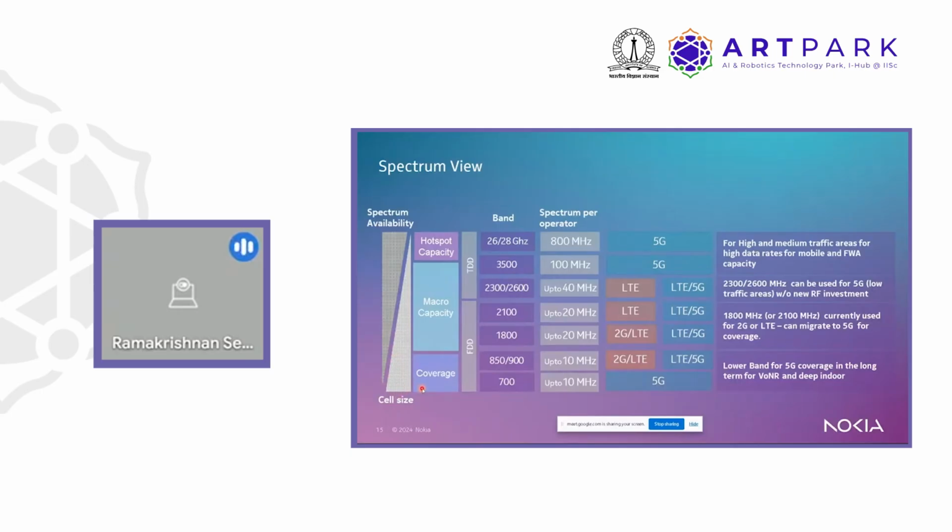But when you go up the frequency spectrum, the cell size would be much smaller, which basically means it will be good enough for hotspots. But from the spectrum availability perspective, the lower the spectrum, the lesser its availability. When you go to a higher frequency band, you will have a higher amount of spectrum available, because it is not being used by anybody.